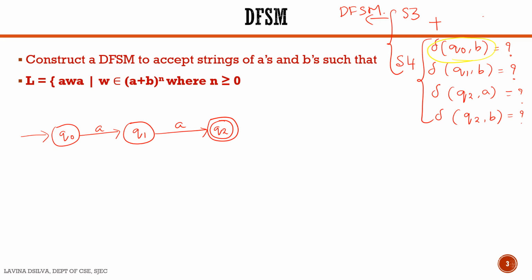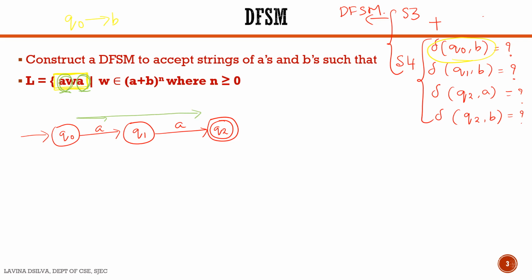Now, to proceed with the first transition, on Q0 state, if we give a B. Before that, we shall see the condition of our language. What does it tell us? That the strings of this language start with the A and end with the A. So can we have the DFSM move to the final state? This is the path for the final state.